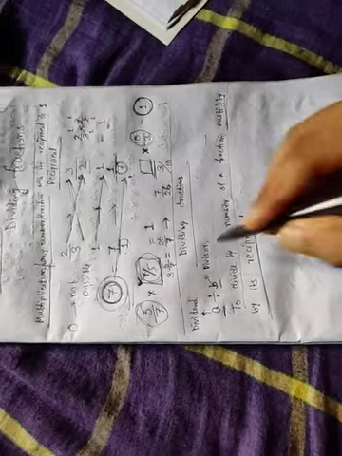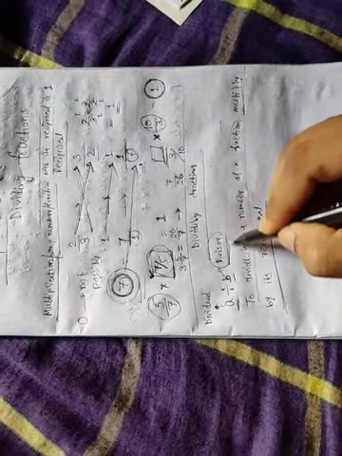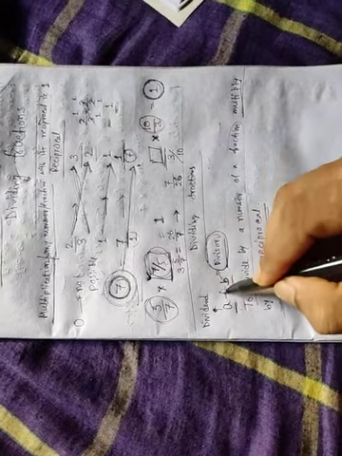That means you have to find the reciprocal of the divisor. Then the sign will be changed. The division sign will be multiplication, and multiply with its reciprocal, not with the divisor.